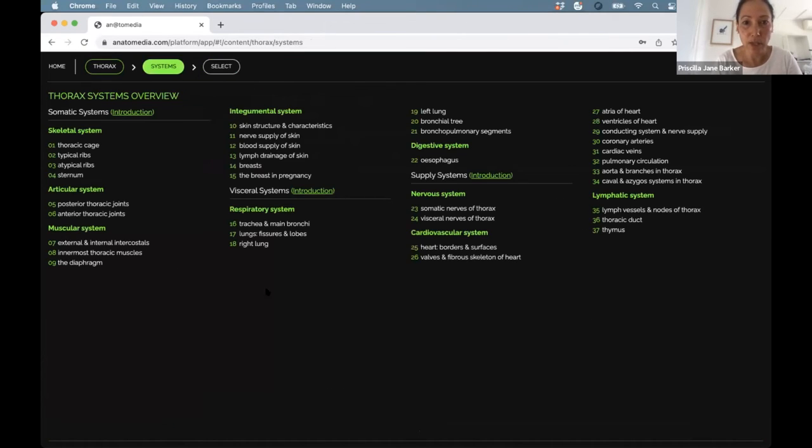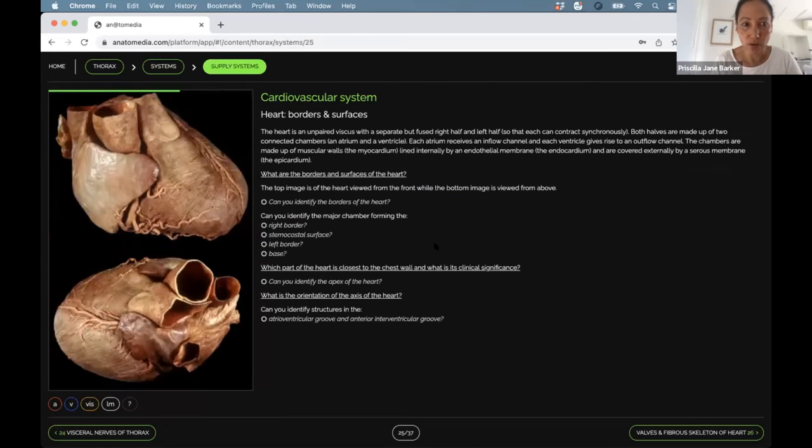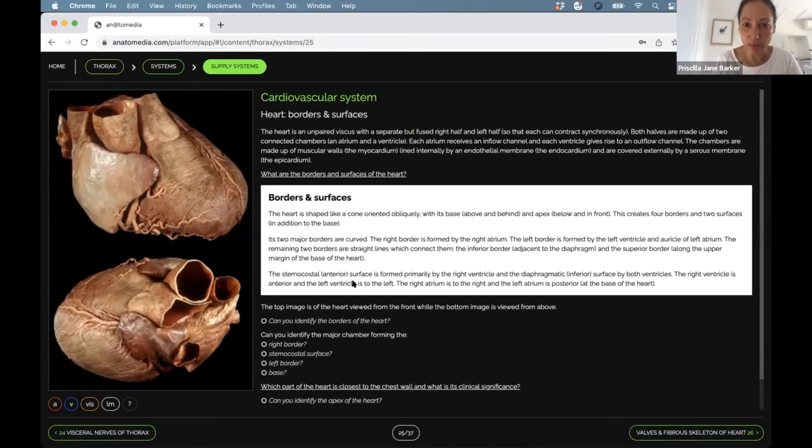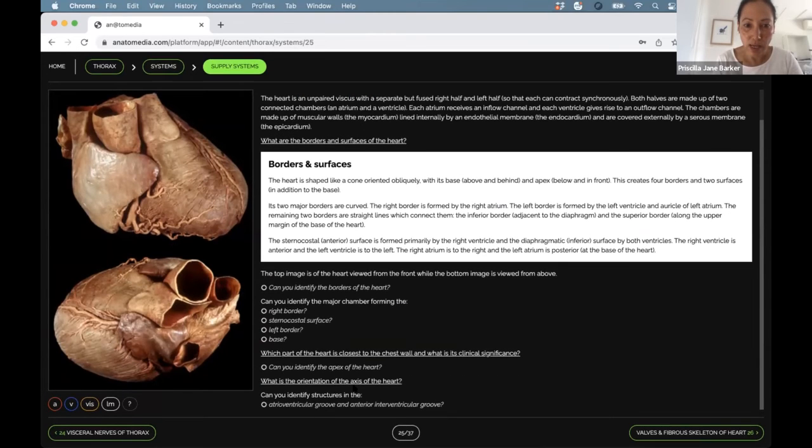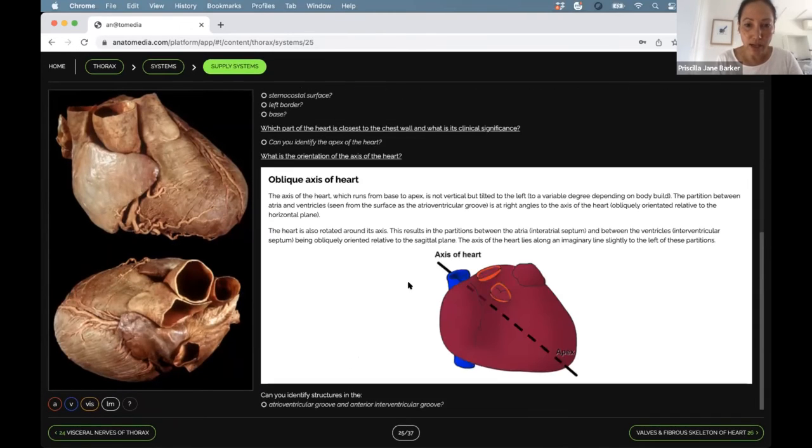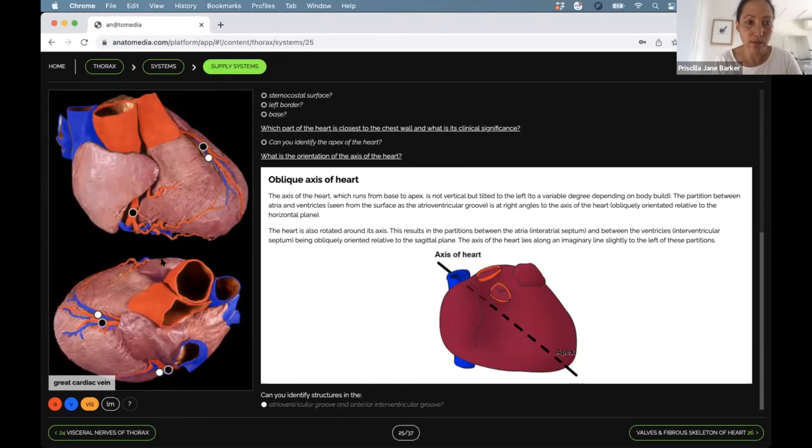So if we go to systems, and let's say we were particularly interested in the heart structure, I just clicked on the heart there on that overview screen, and here we've got a description of the borders and surfaces, and we can get a bit more information on each of those, and the axis of the heart, how it's oriented, and then we can just identify those, have a colour picture view of it, which is really great for you to have a visual image of that before you go into the prac exam.